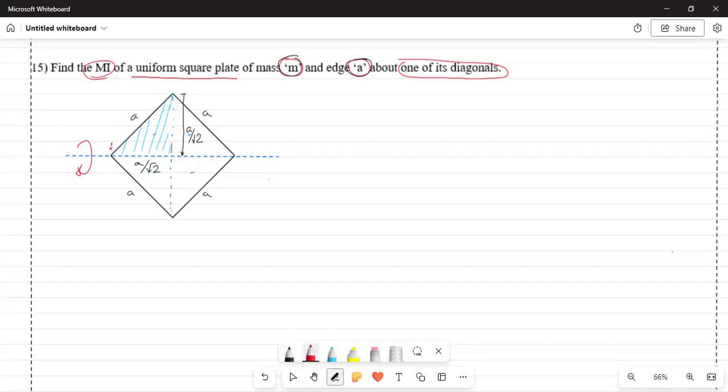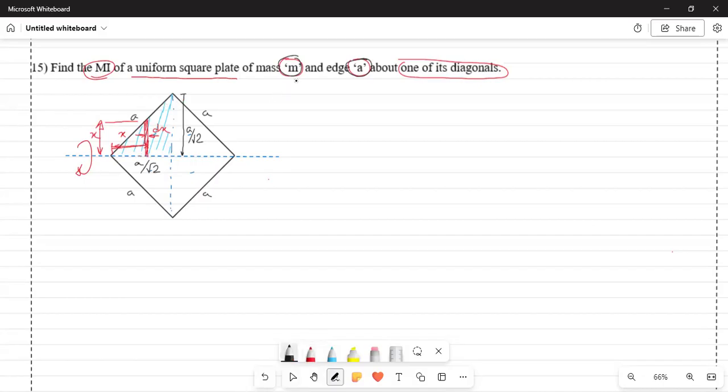From here, we go to a distance of x and take a very thin slice of thickness dx. Now, from simple geometry, if the distance from here to here is x, then the distance from here to here is also x, because this is an isosceles right-angled triangle. So the length of this thin section is actually x, right?